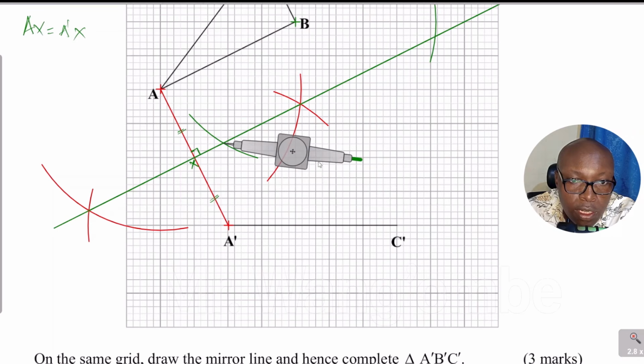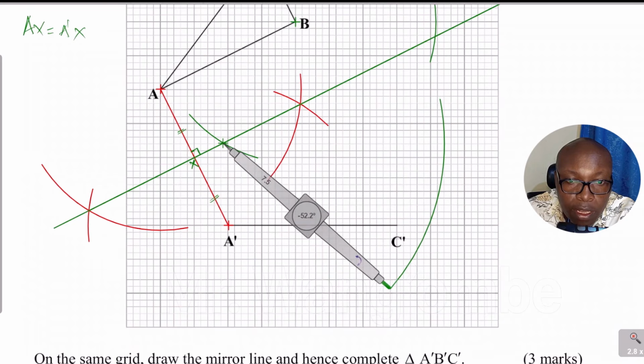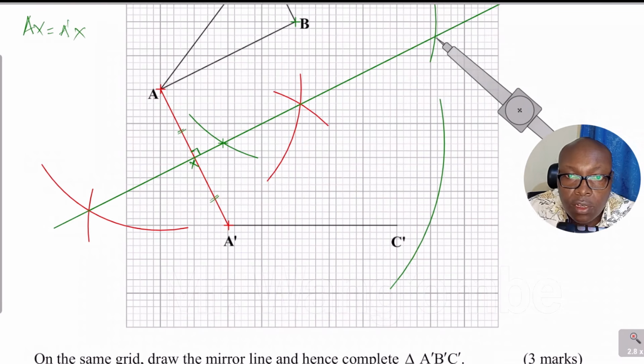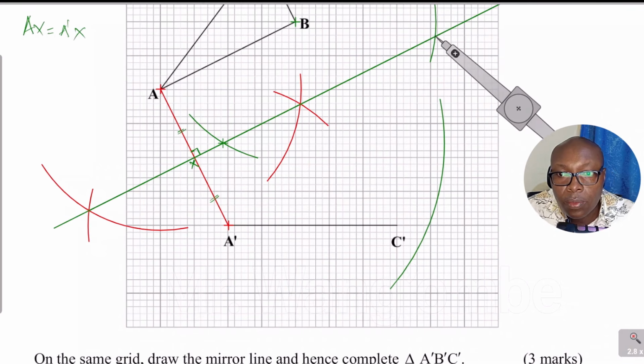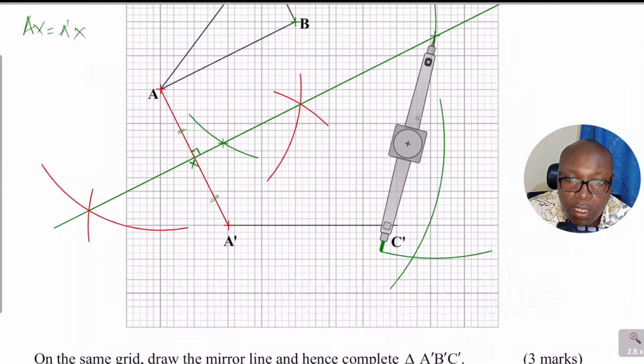Standing on that arc, you can change the radius. I mark another bigger arc there, and then I stand on the other point there and cut that arc.